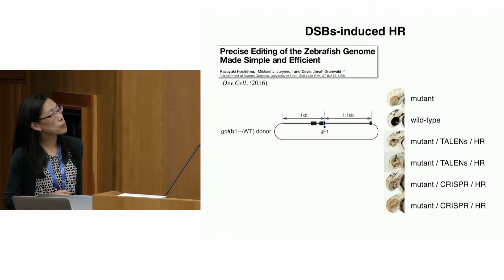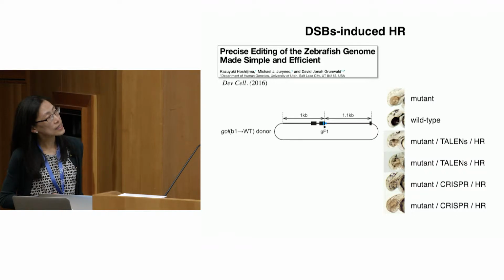In this study reported by David Grunwald's lab, they show that you can rescue an albino phenotype by using a donor DNA that can fix the DNA mutations in the pigmentation genes.